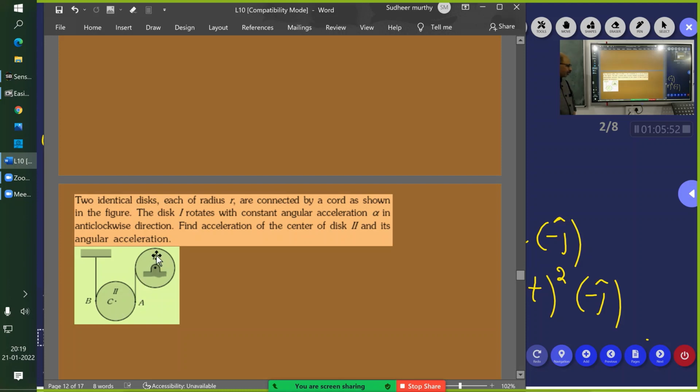Now you see, this is alpha. So what is the acceleration of C? Alpha R in the minus j direction, sir.